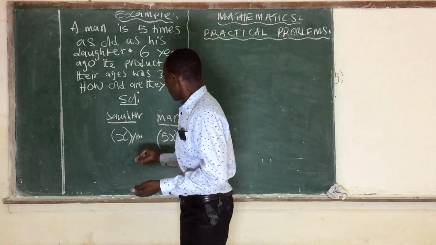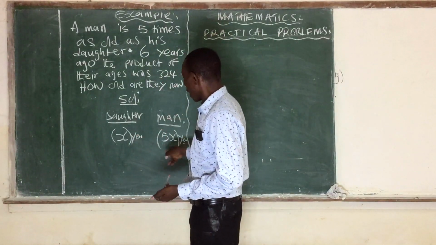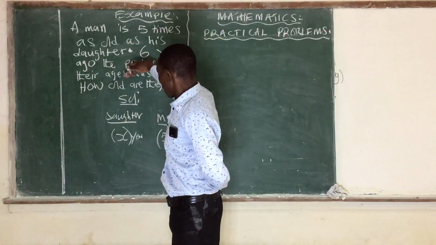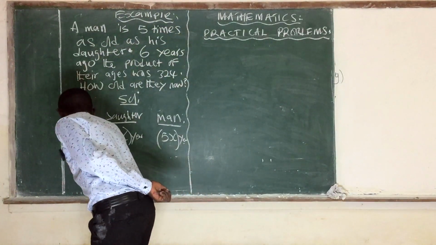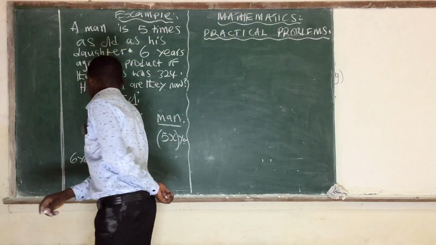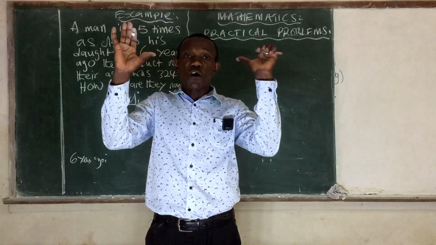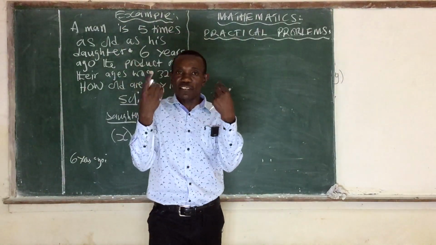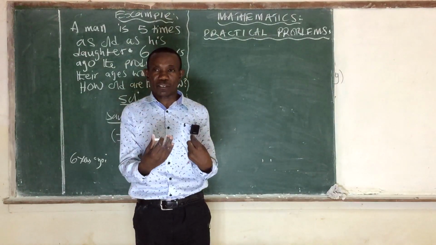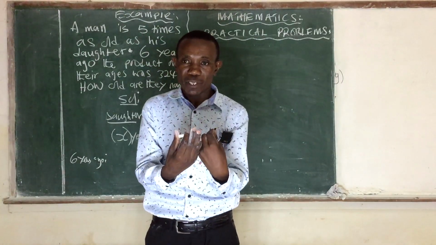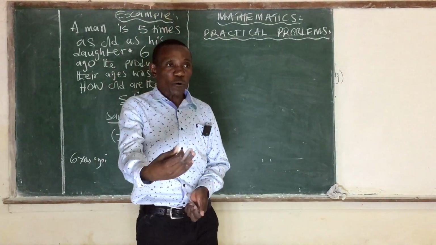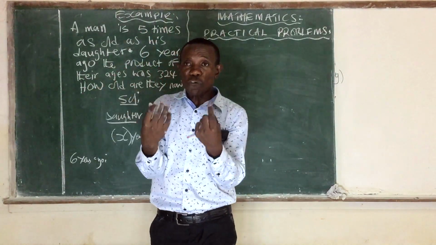Since here we are discussing a daughter and a man, we now have an expression that can represent this statement. If now I am 50 years, 6 years ago I would be 50 minus 6, which is 44 years. And if now I'm 30 years, it means 6 years ago I was 24 years.